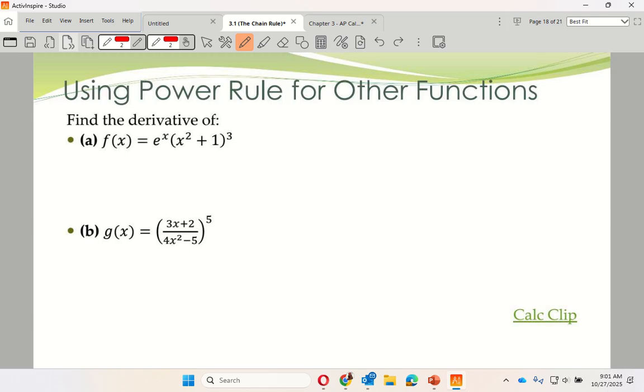What is the complicated part? The quotient rule on the inside. So I'm going to say that's my U. And then U prime is my quotient rule out of that. And when I rewrite this, that's just U to the 5th now.